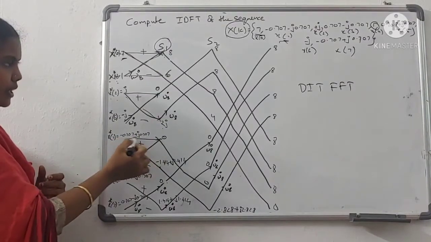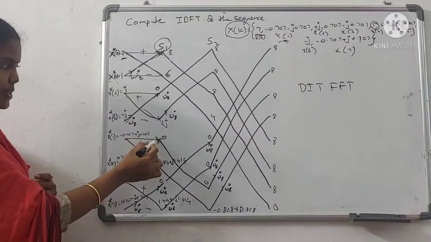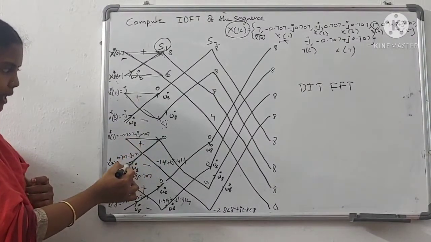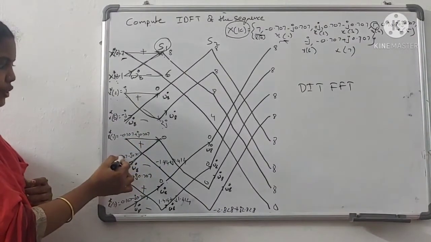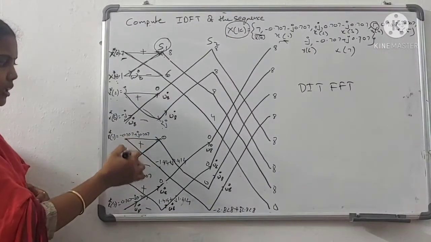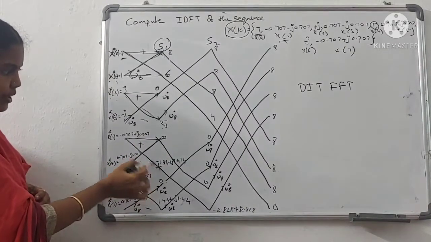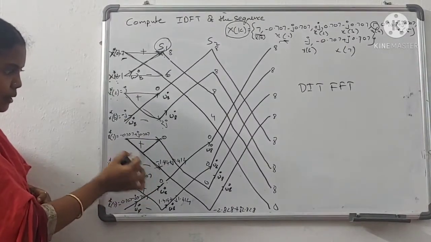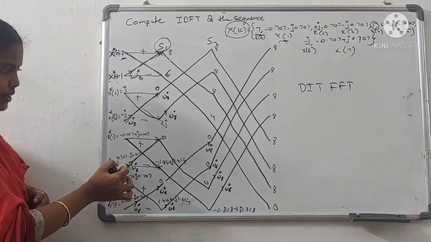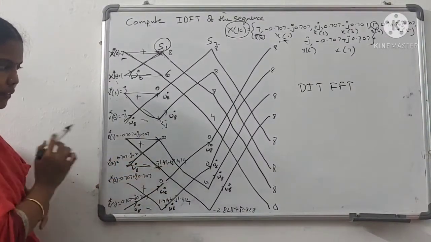Now, we have to find out this point. One input of this one is minus 0.707 plus j 0.707 plus of minus 0.707 minus j 0.707. All are cancelled. You get value as 0. In the same way, here one is this input and minus of this input. You are getting minus 1.414 plus j 1.414.